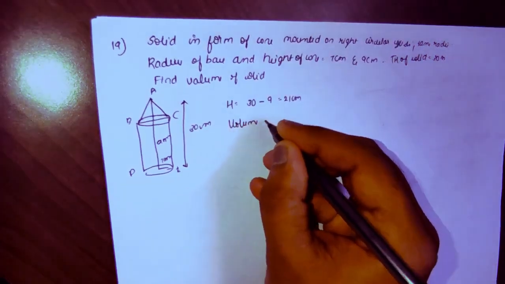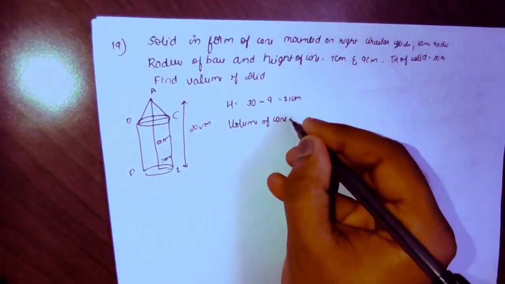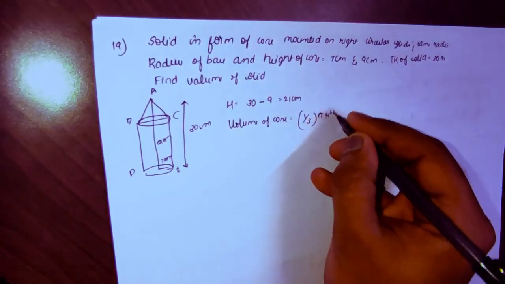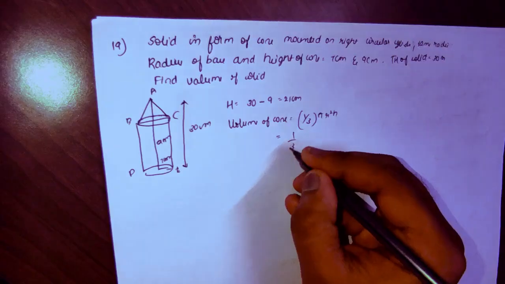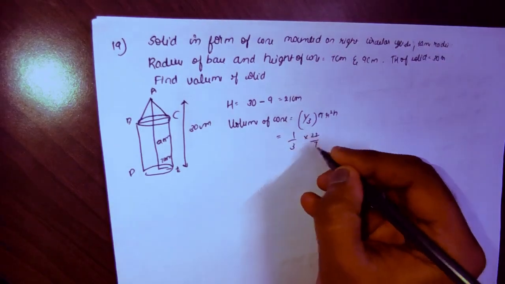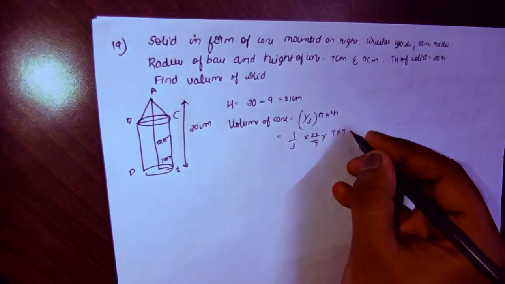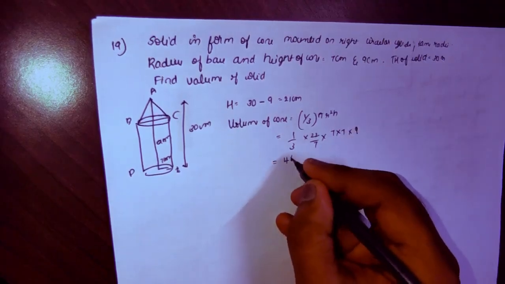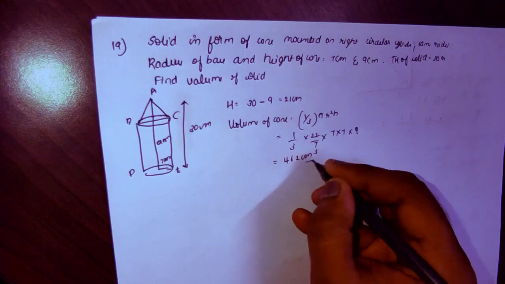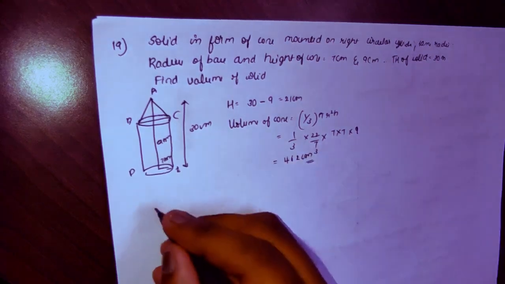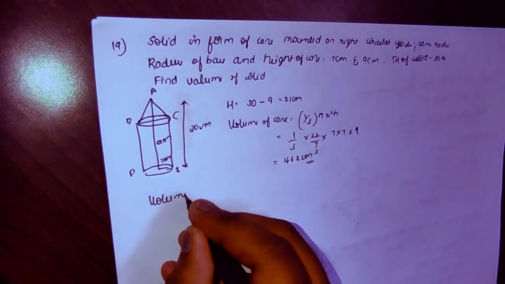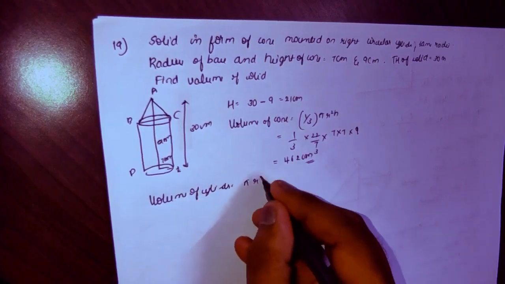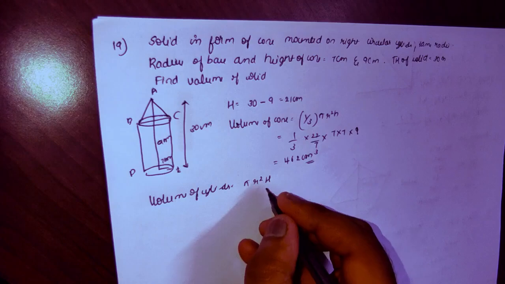Volume of the cone, we know the formula, that is 1 by 3 pi r square h. Substituting, 1 by 3 into 22 by 7 into 7 square, height is 9, we get 462 centimeter cube. Volume of the cylinder is equal to pi r square into height.